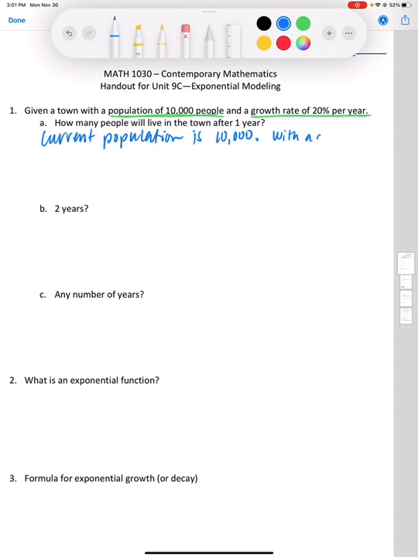So with the growth rate of 20%, the population is 20% more the next year, in 1 year.